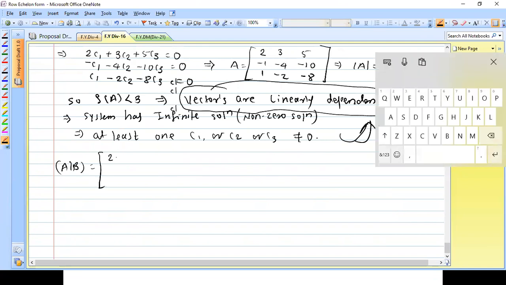Matrix A: 2, 3, 5; -1, -4, -10; 1, -2, -8; and here 0, 0, 0. Now tell me, which operation should I perform first?